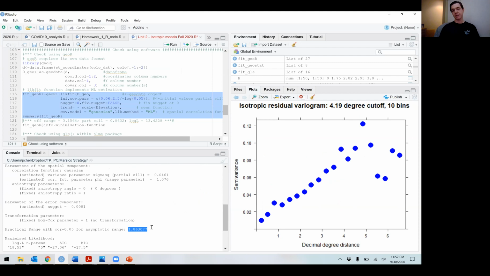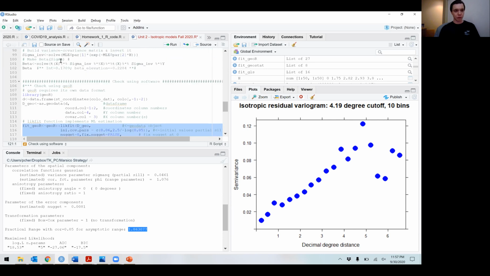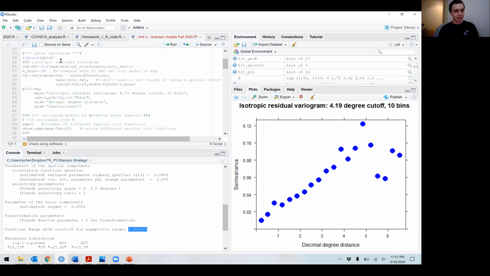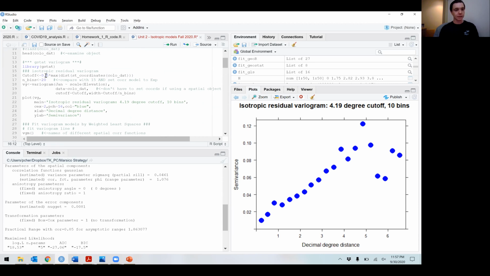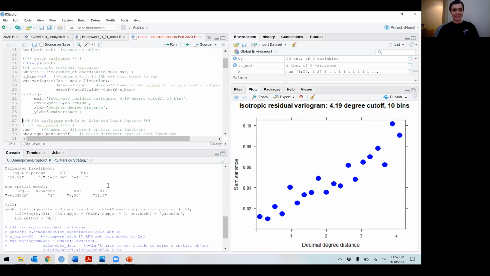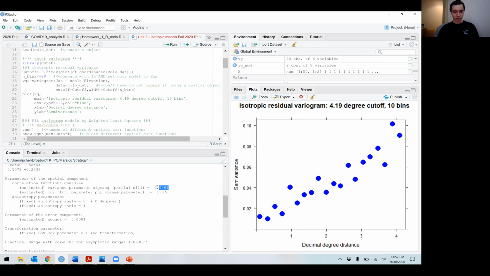So the Gaussian model thinks that the range is not out here. It thinks that the effective range is just under 2 over here, which might match up with what I see in my variogram if I reduce the cutoff distance, which is what I should be doing anyway. It means that my partial sill is estimated to be much lower, because those two quantities are linked.